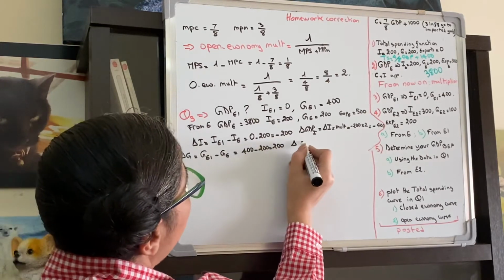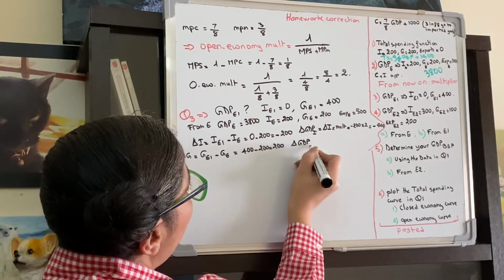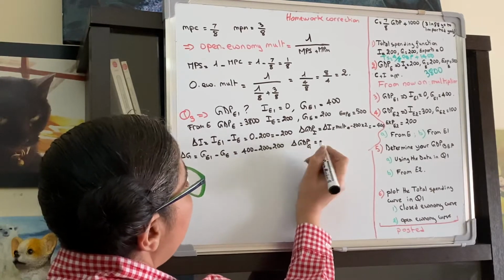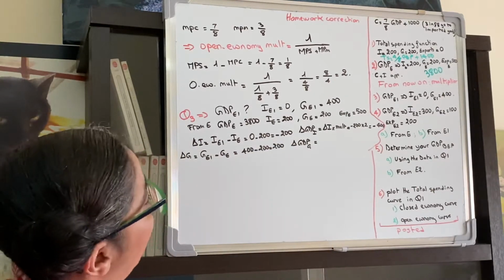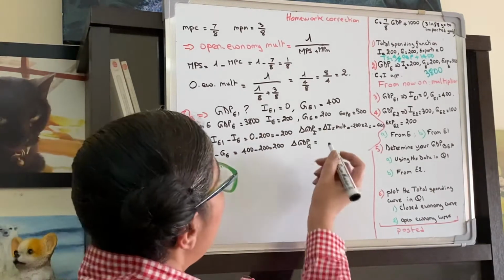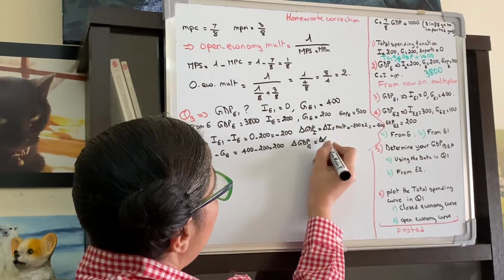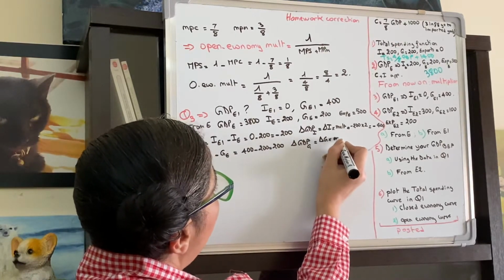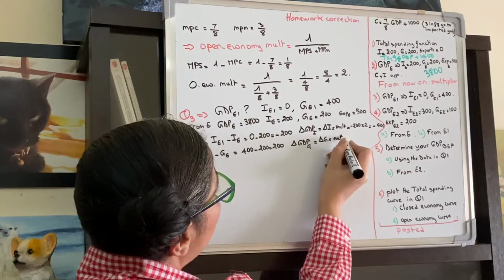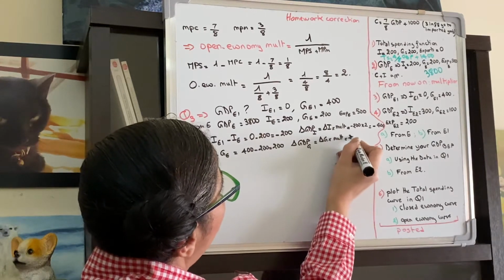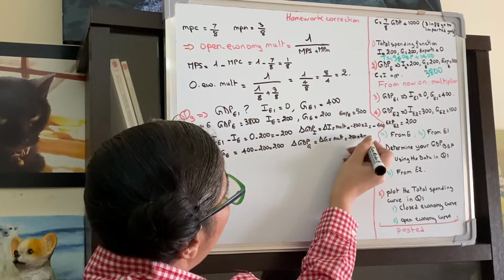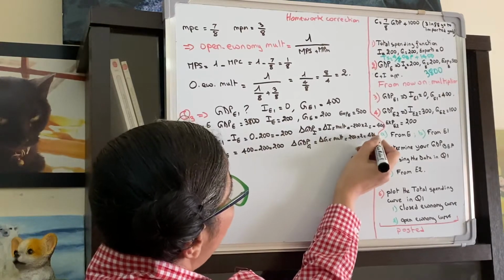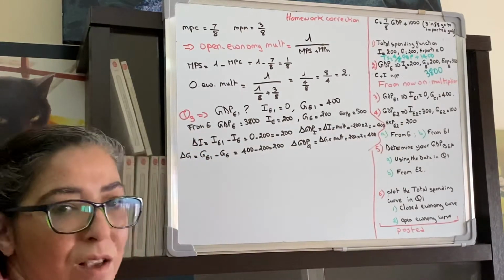So delta GDP due to G, the change that is going to be made by the effect of G, is delta G times the multiplier, which is equal to 200 times 2, which is equal to 400. So these ones are going to offset one another.